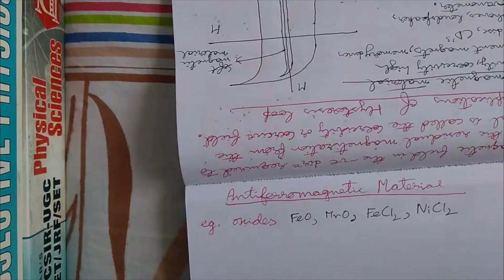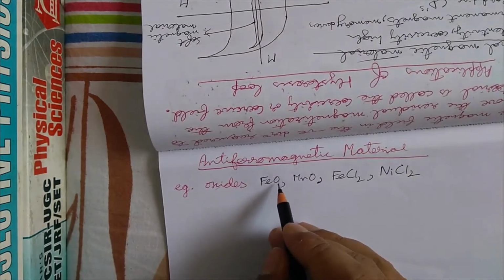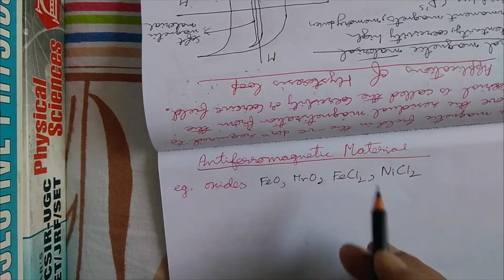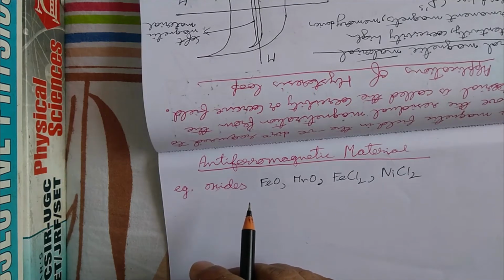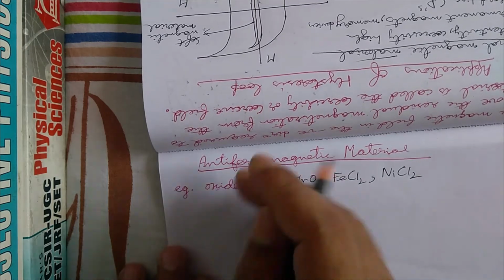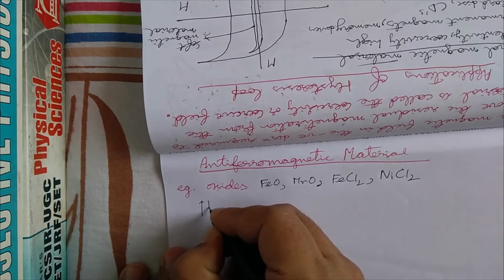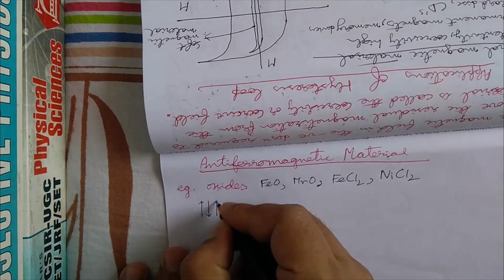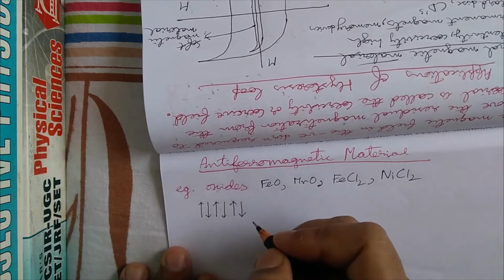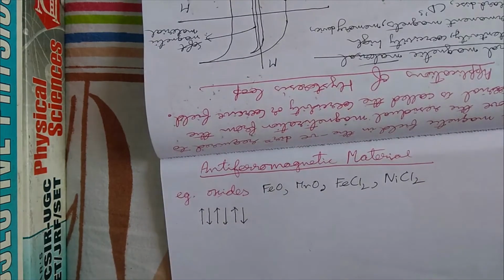Basically there are two atoms, like iron and oxygen, manganese and oxygen, iron and chlorine. The two lattices have spins arranged equal and opposite, so the magnetization is cancelled.